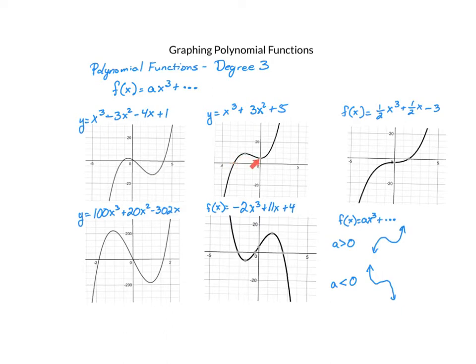This one we lost them, so we had 0 turning points. And in this one, 1, 2 turning points. So let's write that down. Third degree polynomial functions, when you look at their graph, have at most 2 turning points.